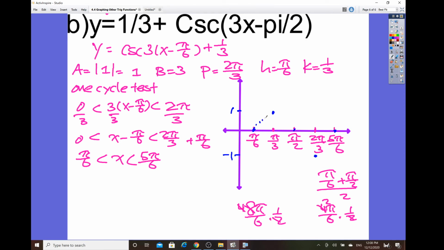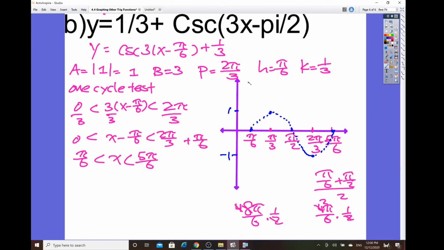Again, cosecant is just the reciprocal function of the sine curve. And as you may notice, at the 0s, we do have the vertical asymptotes. So for those zeros there, we need to draw the vertical asymptotes. Well, it's not solid, it's supposed to be dotted.